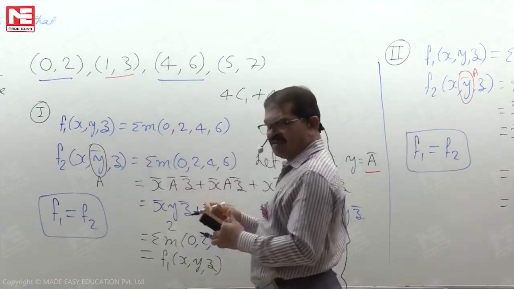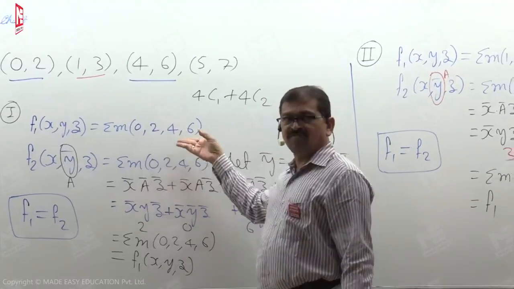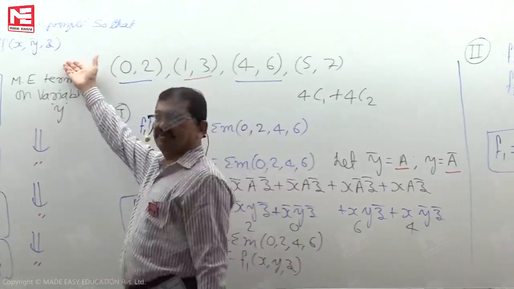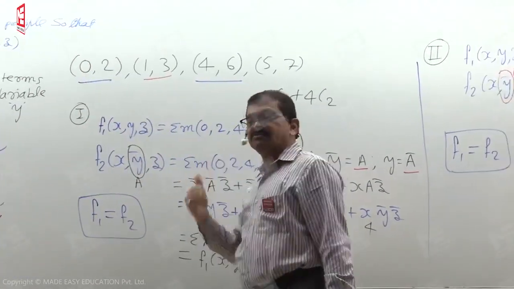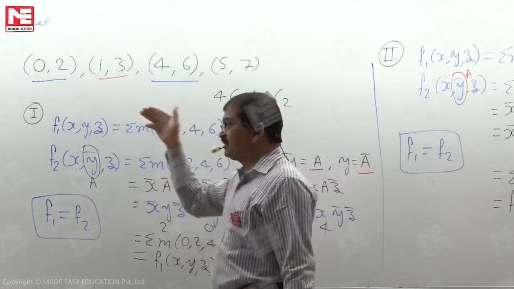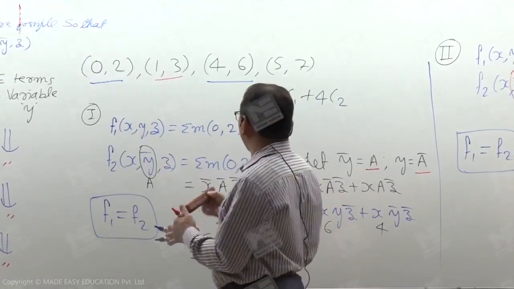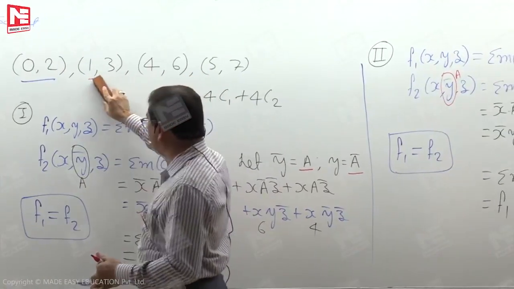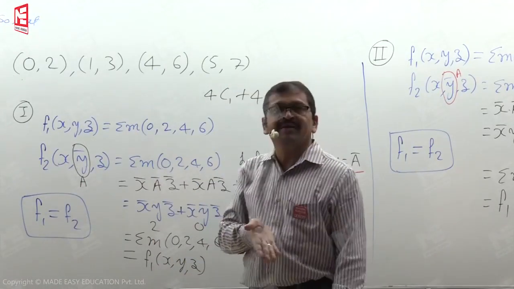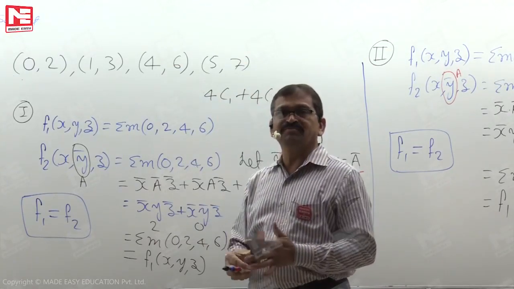Now if we extend this logic, if we want functions with 6 minterms instead of 4 minterms, and the functions must satisfy this condition, then we need to take any 3 pairs. The functions we develop by choosing any 3 pairs will have a total of 6 minterms.